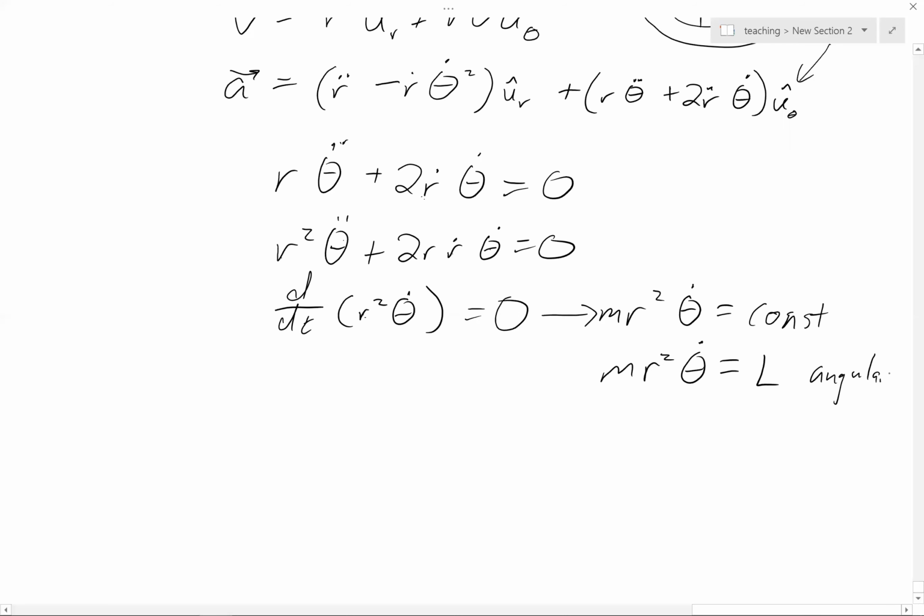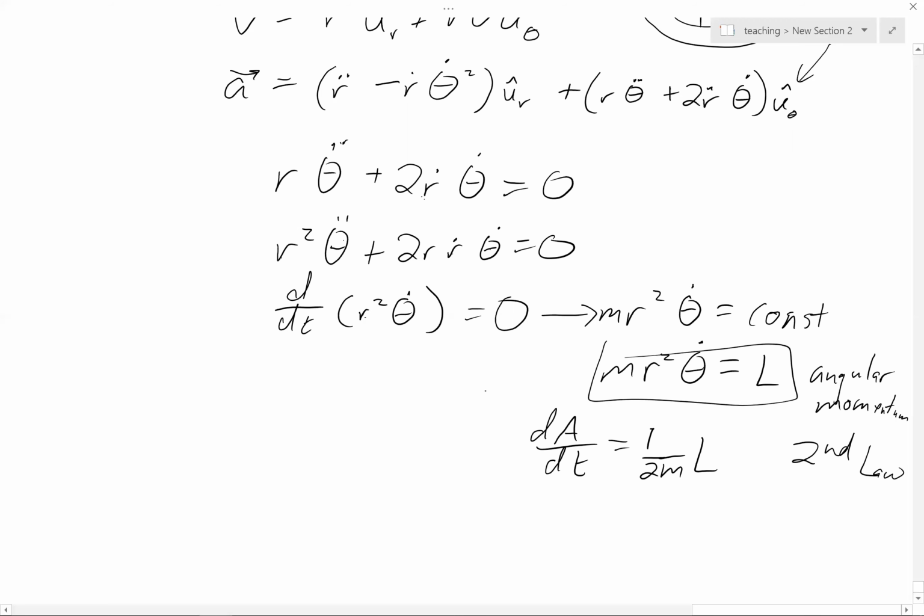This all turns into conservation of angular momentum. If you wanted to write the second law, as last time, it would have been 1/2, without the mass in there. But we're not going to need that. We're just going to need m r squared theta dot equals L.